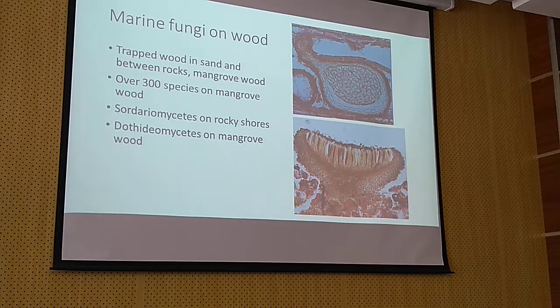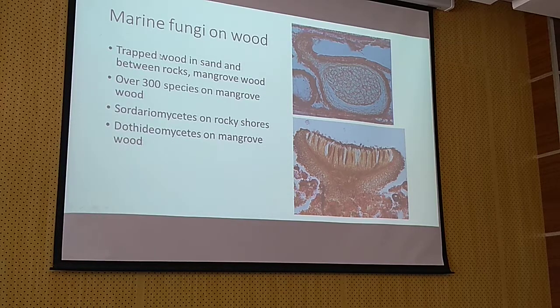Okay, I was thinking when I was here whether I should collect some wood back to examine, but I don't know very well. But I was told that it's quite far from the sea, I think, right? It's quite far from the sea, and also the water here is not actually very saline. Am I right? They're brackish, more brackish. So I decided no. So, but the wood is the most studied group of marine fungi.